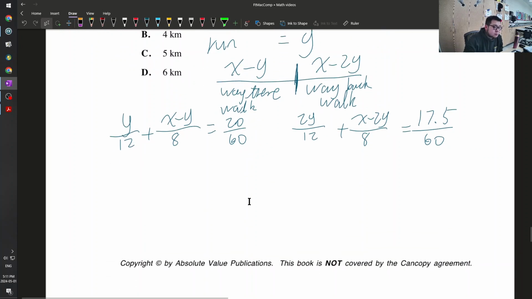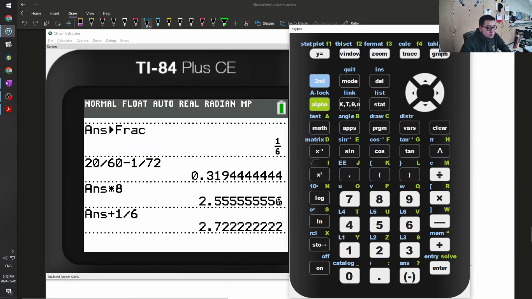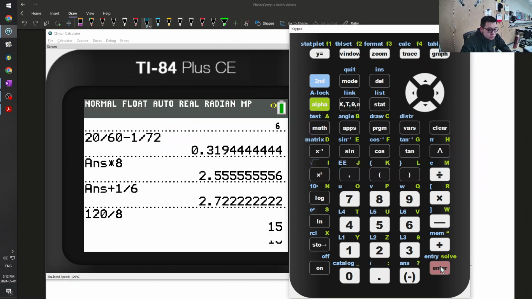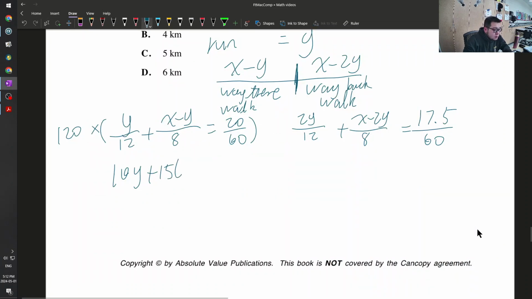So now, we really don't like fractions, so let's multiply everything by, I think, 120. Yeah, I think 120 works. So we get 10y plus, what's 120 divided by 8? 15. So 15 times x minus y is equal to 20 over 60 times 120, so 40.